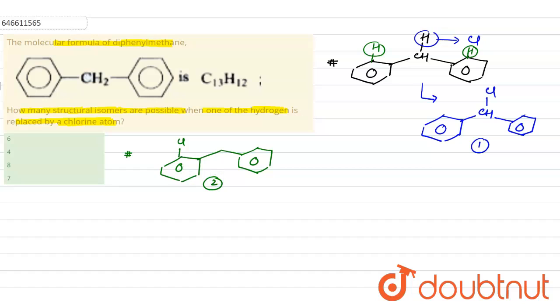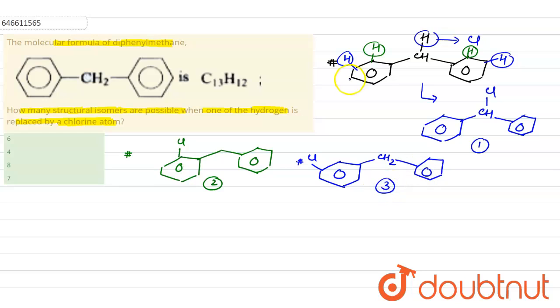Now we can also get another isomer by replacing these two hydrogens. These two hydrogens also have the same environment, so we will get our third isomer like at this position there will be Cl, CH2. This is the third isomer.